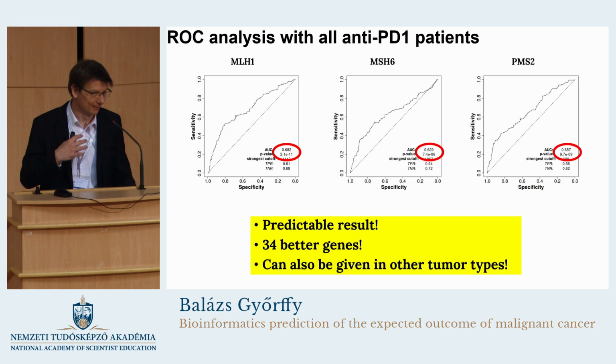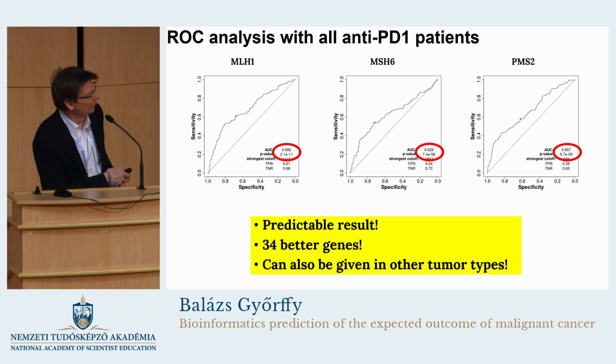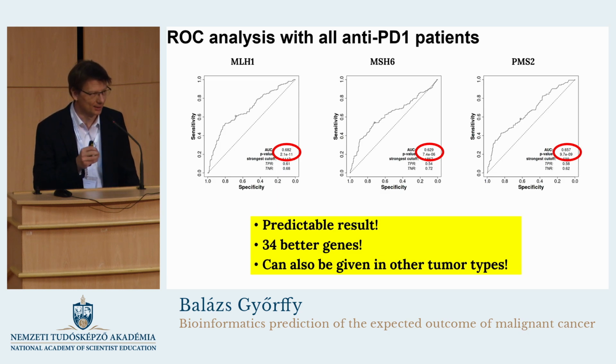However, we also have some additional results. First of all, these genes were not the best genes. There were 34 stronger genes predicting response. This means that we can use 34 additional biomarkers to select patients who are eligible for PD-1 inhibition therapy.